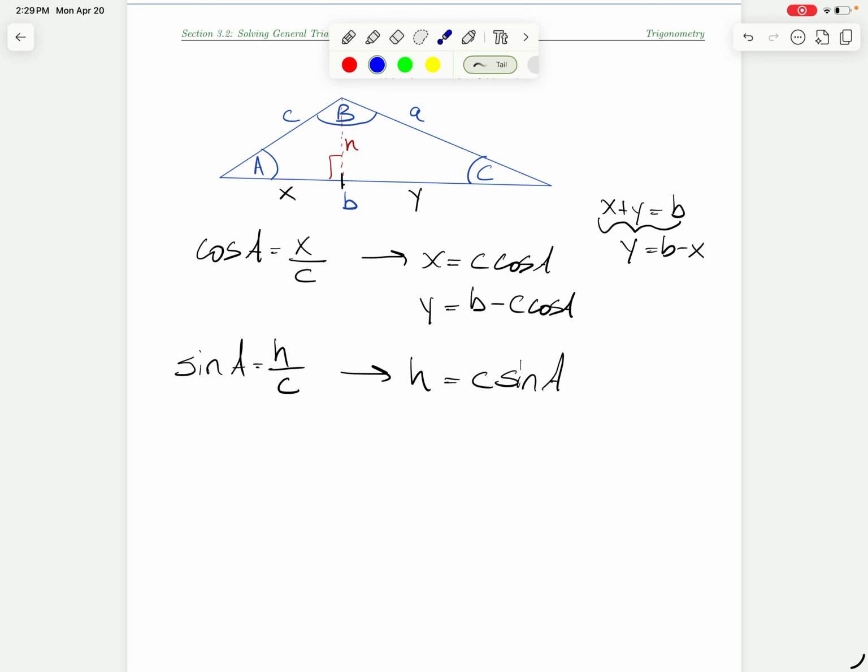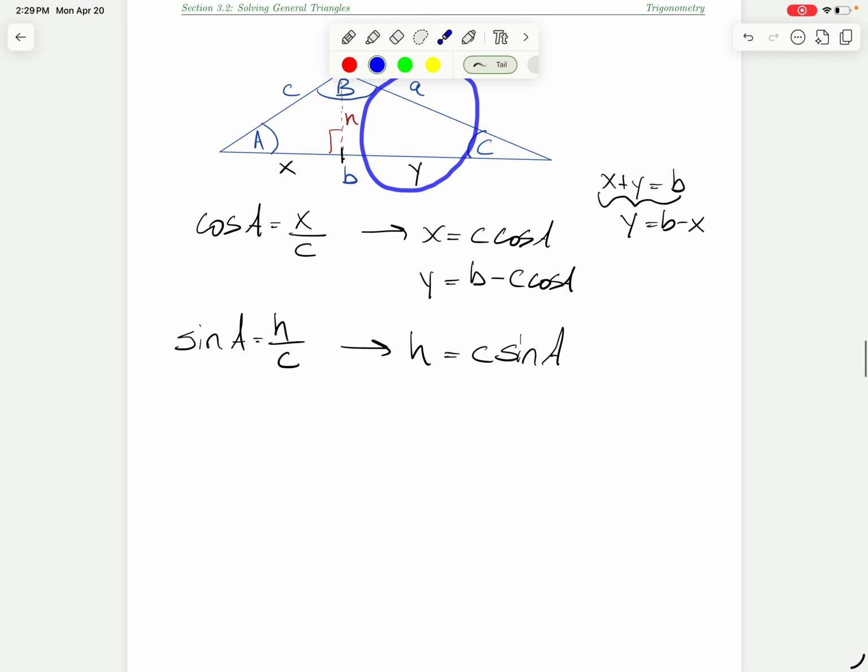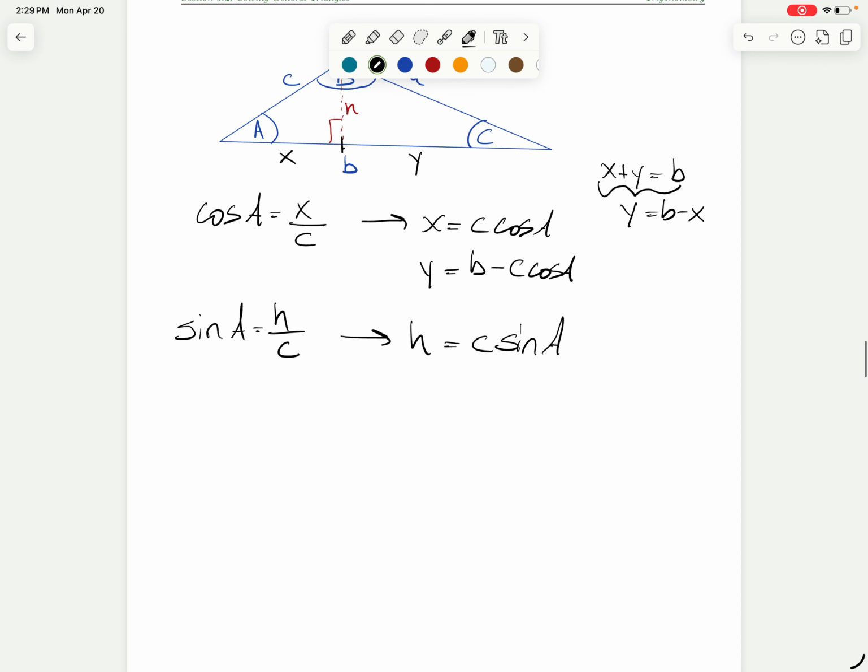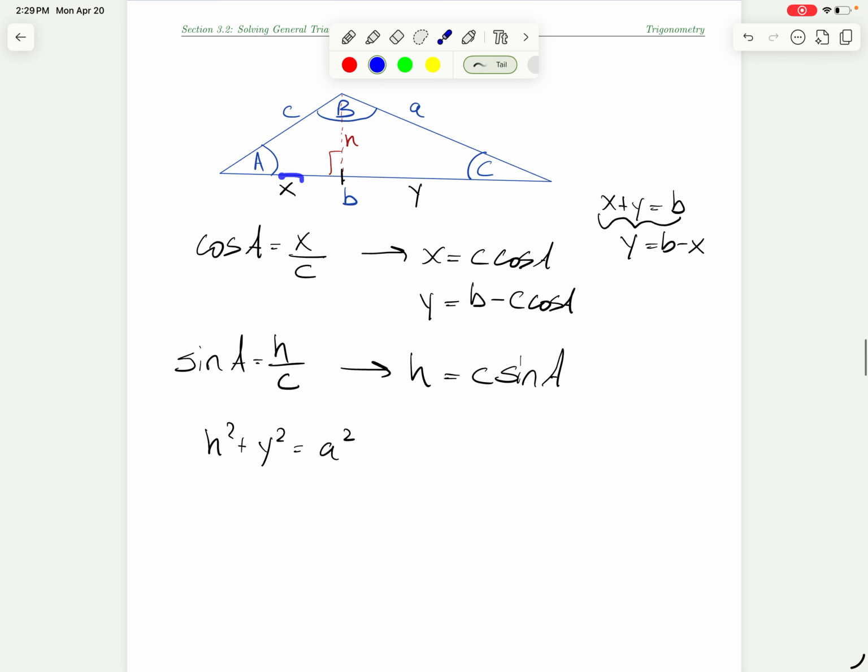And I can use Pythagoras for this triangle. Similarly, this side is a right triangle, and I can use Pythagoras on this triangle. I actually want to focus on this side, ironically enough, so let's do that. So we get that h squared plus y squared is a squared. Of course, it's also true that x squared plus h squared is c squared, but I'm not going to need that, so we'll leave that there.